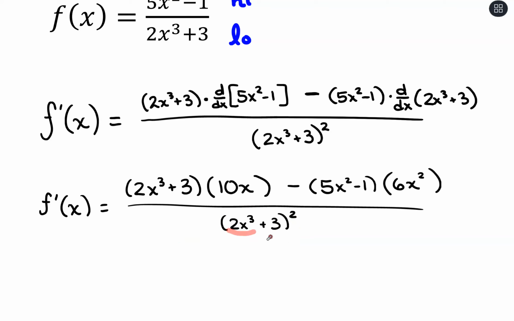But with the 2x cubed plus 3, I don't see anything that I can factor within that pairing, so I'm going to leave it like this, just in case, as I'm simplifying the numerator, I may end up with a common factor that I can cancel.